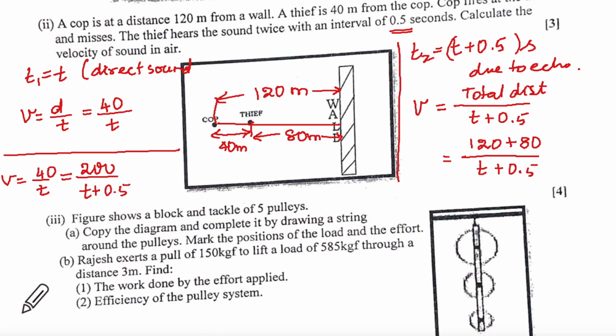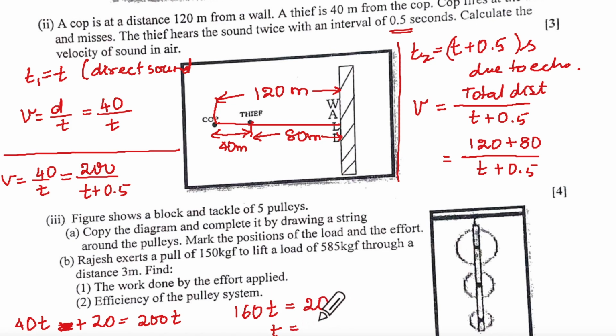So we'll have 40T multiplied by half, so half into 40, plus 20 is equal to 200 T. So you will have 160 T equal to 20.